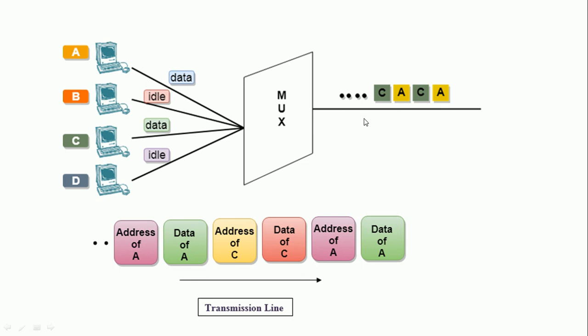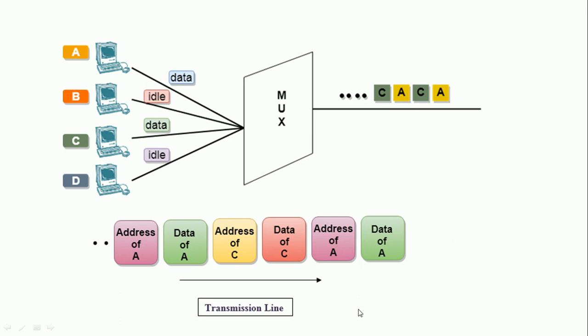So in the transmission line, you can see only A and C are allocated time slots. B and D do not have any data, so B and D are not allocated any time slot. In this way, asynchronous TDM works and has benefits over synchronous TDM.